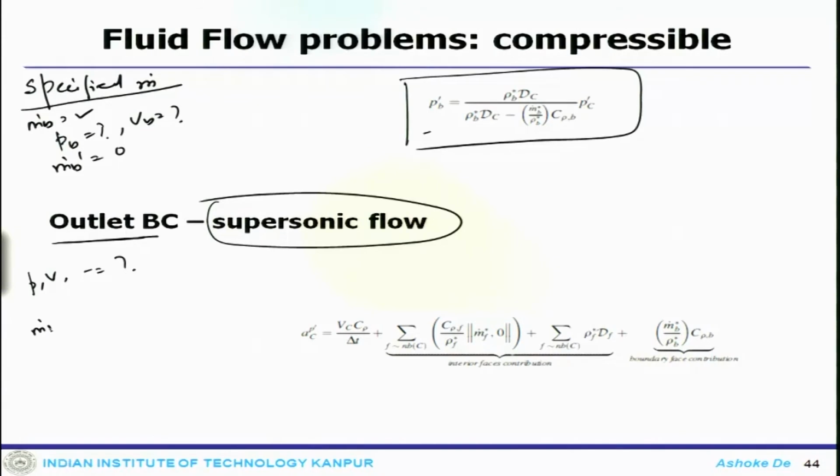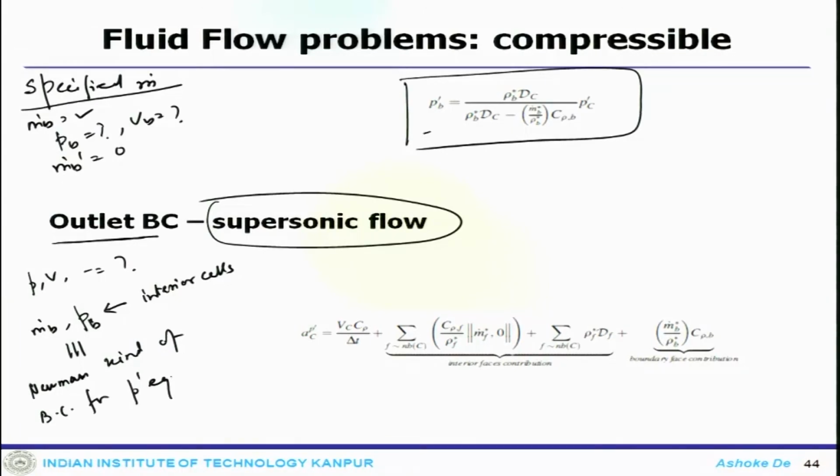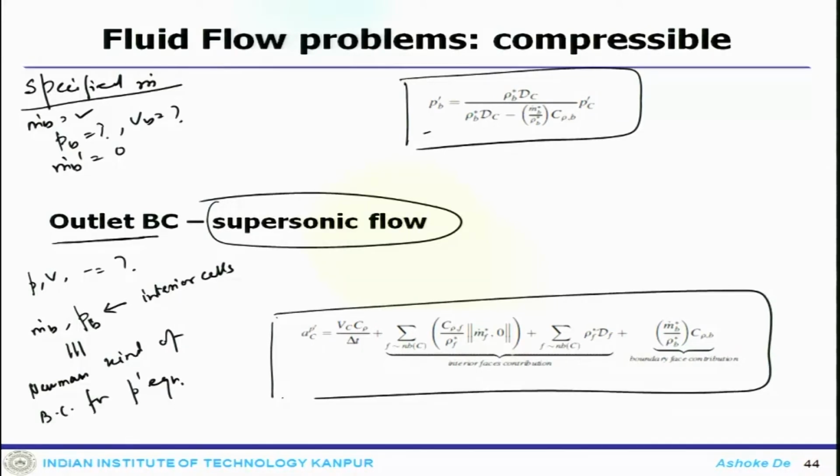So, m dot b and Pb are interpolated or extrapolated from interior cells, and this is equivalent to applying a Neumann kind of boundary condition on the pressure corrections, for the P prime equation, which will lead to this pressure correction coefficient being modified like that.